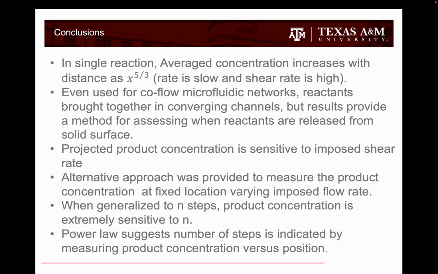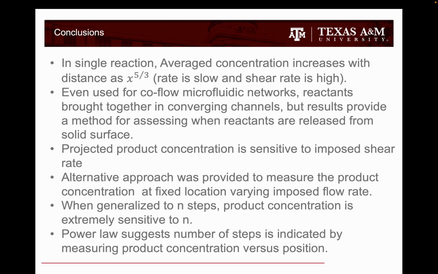At times there might be a situation where we determine the product concentration with the position. Suppose we do not know how many steps there are, but we can know the number of steps from these equations.